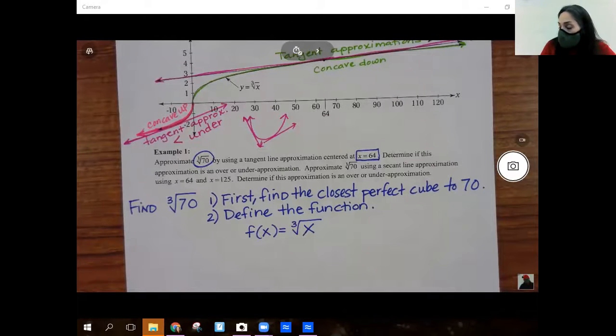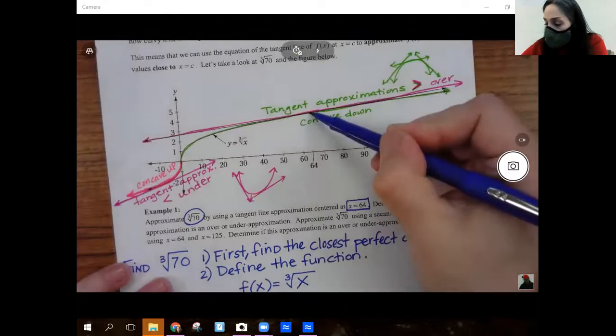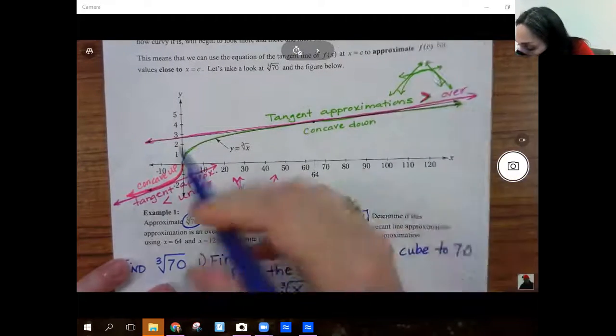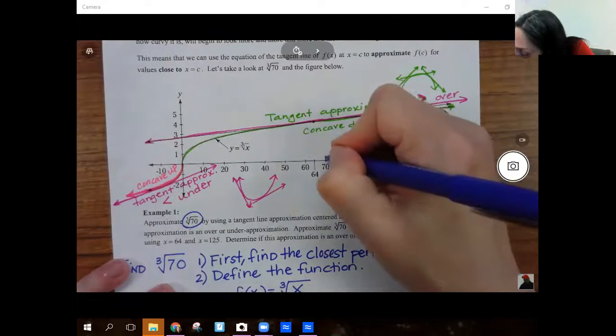All right. So in order to approximate the cube root of 70, we need to come up with the equation of the tangent line at 70 that will give us the y value close to the curve. So if you look at this, here's your cube root function. 70 is right here.